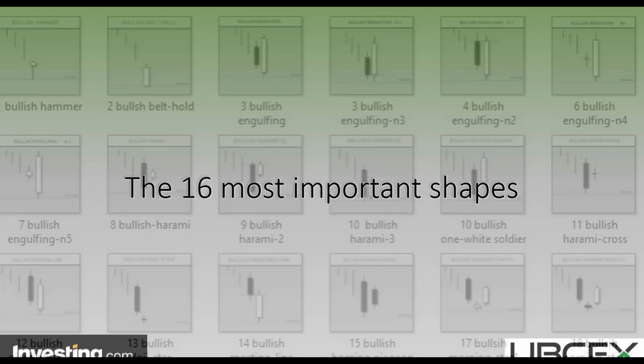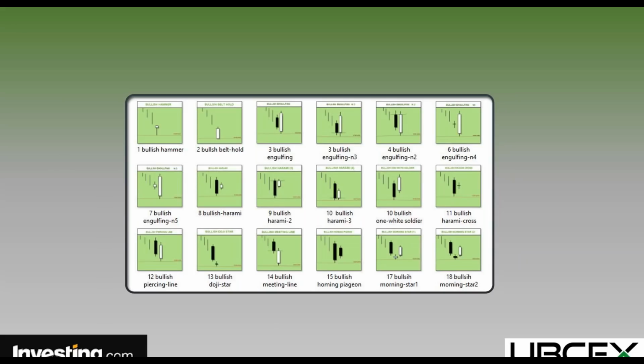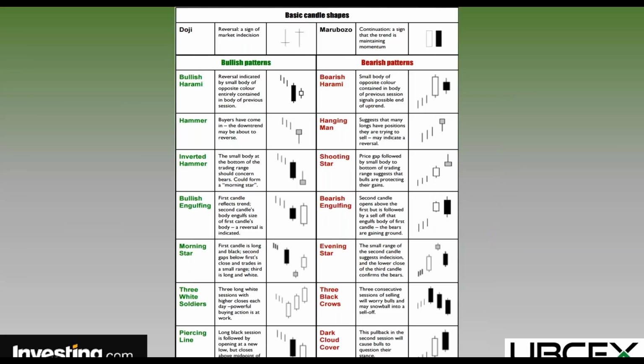So there are 16 patterns you must know, because these are the primary, the top patterns that candlesticks make, and each of these patterns, when they develop, tells you something. Now again, they're on that cheat sheet I gave you, but you have bullish harami, you have bearish harami. Basically, for each bullish pattern, you have a bearish pattern.